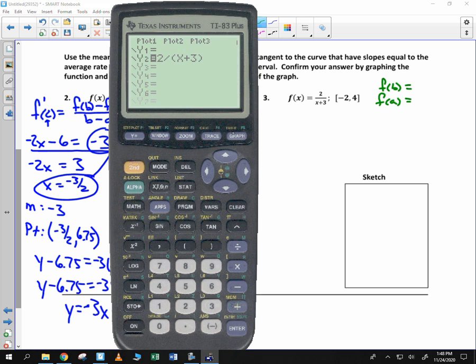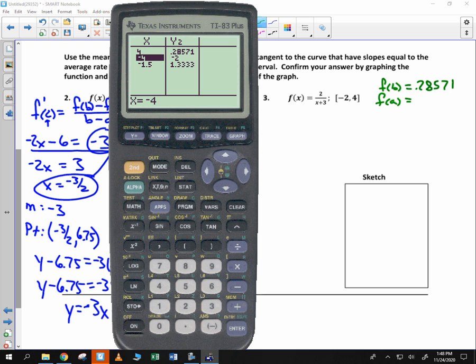And we're going to go into our table and type in 4. So f of 4 is 0.28571. And then f of a, if we type in -2, we get 2. So as we set up, f prime of c is equal to f of b minus f of a divided by b minus a.